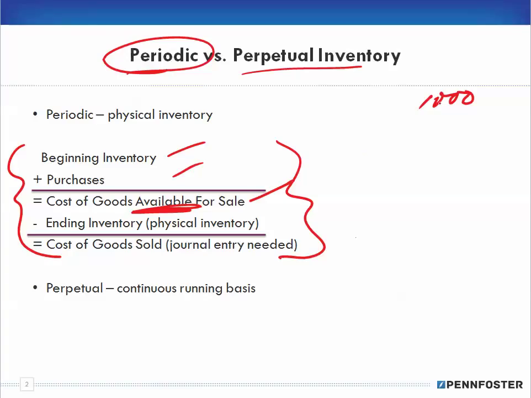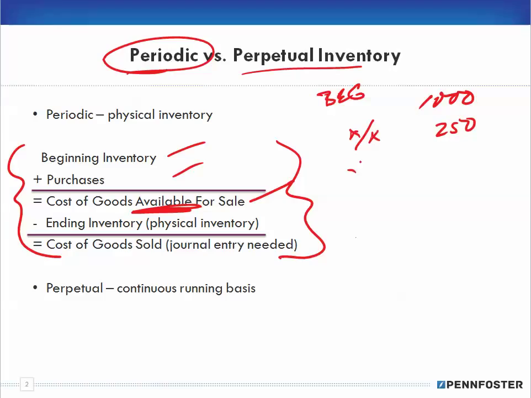During the course of an accounting period, at the beginning of the accounting period, I start out with $1,000. Now let's say at some date I buy $250 more.